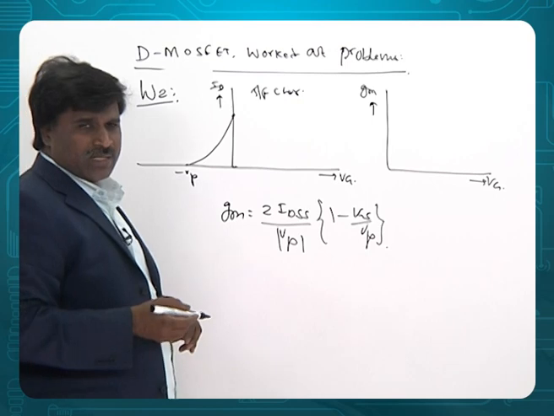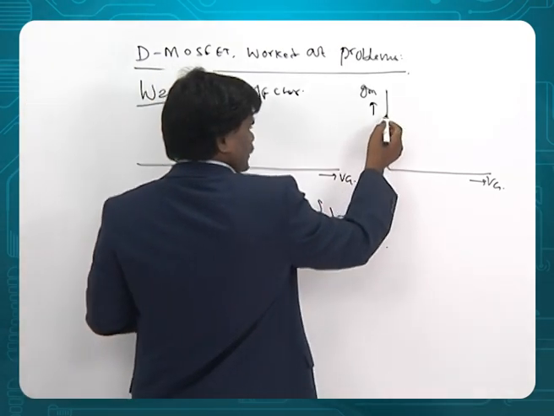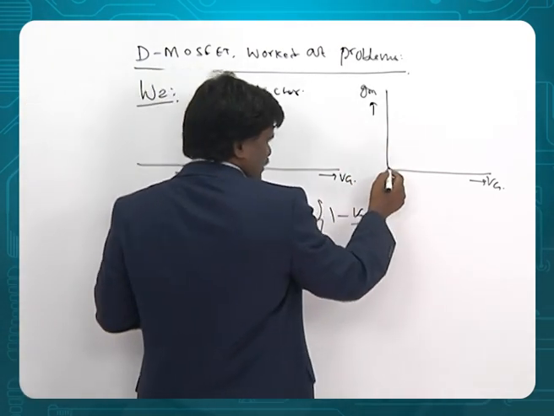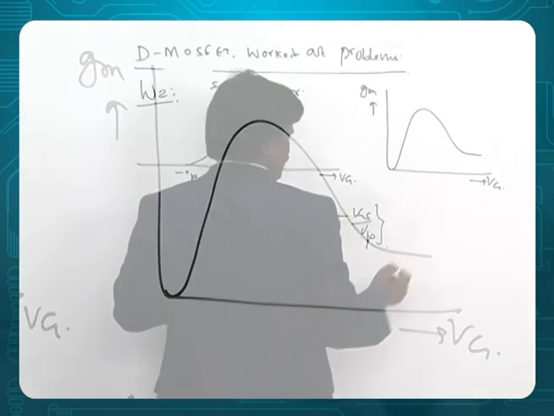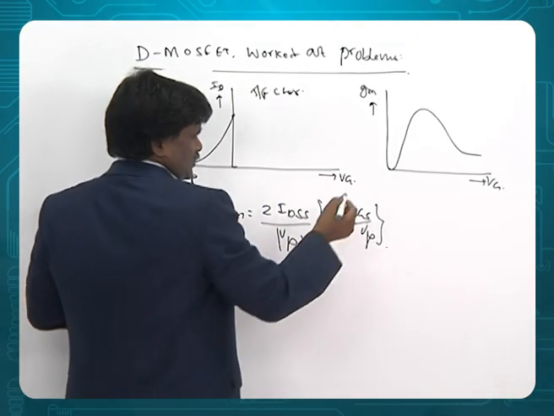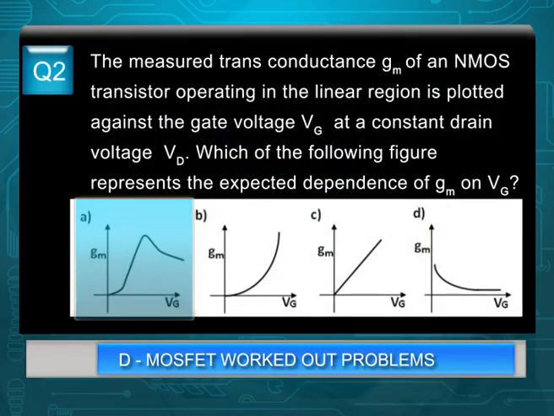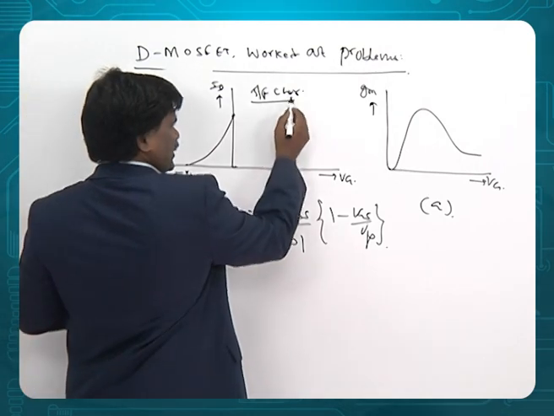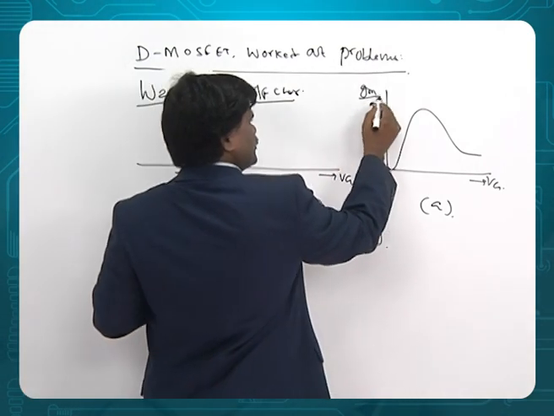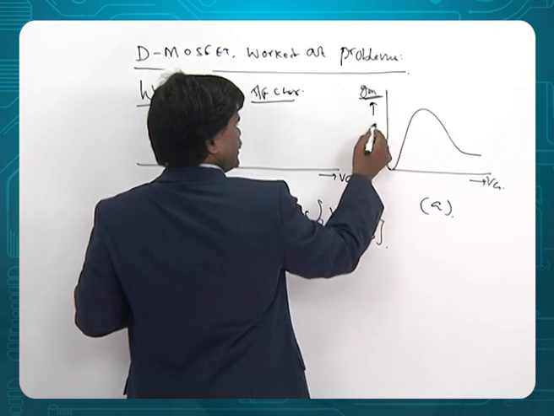Characteristics will come as this. It is increasing and then falling. So this is option A. So this is transfer characteristics, but this is GM from this expression.